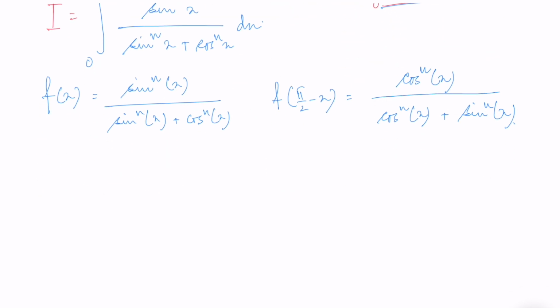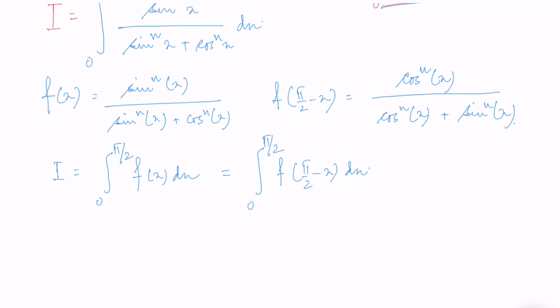Now, I just said earlier that I is the integral from 0 to pi by 2 of f of x dx, and it is also equal to the integral from 0 to pi by 2 of f of pi by 2 minus x dx, right?